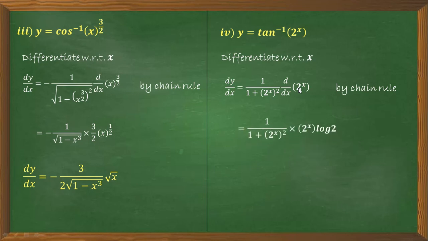Then next step will be 1 upon 1 plus 2 raised to x bracket square into the derivative of 2 raised to x. You know that it is 2 raised to x into log 2, and hence we get the answer 2 raised to x log 2 divided by 1 plus 4 raised to x. 2 raised to x bracket square can be written as 4 raised to x.